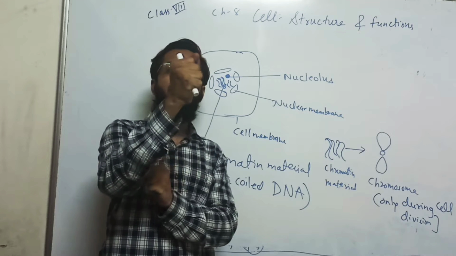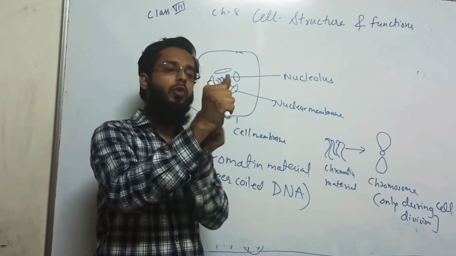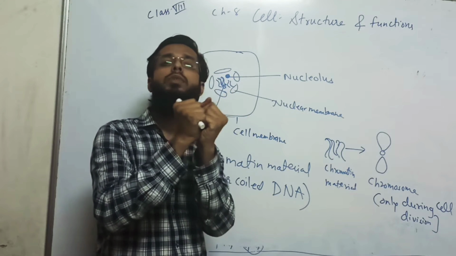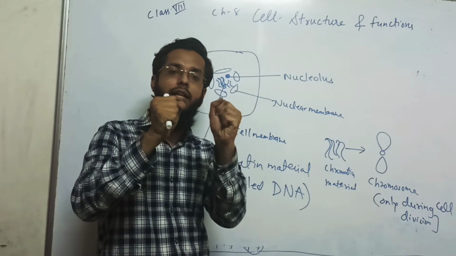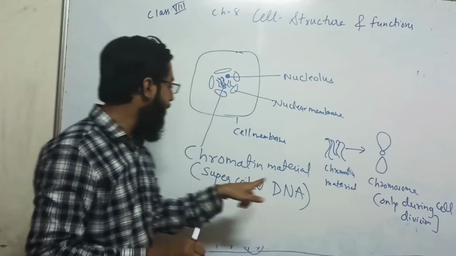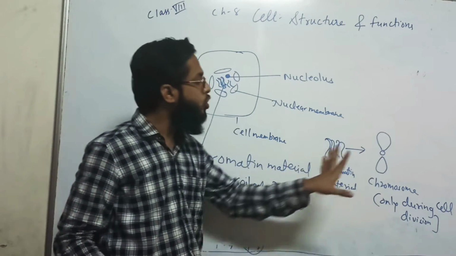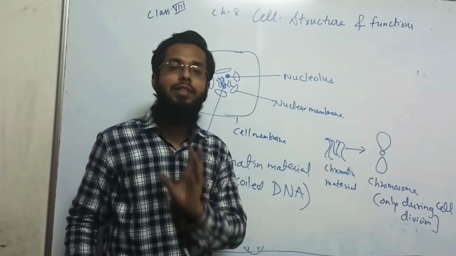For example, one single cell is forming two cells. During that process only, chromosomes are seen. After they become two different cells, the chromosomes will again become chromatin material. So chromosomes are only seen during cell division.